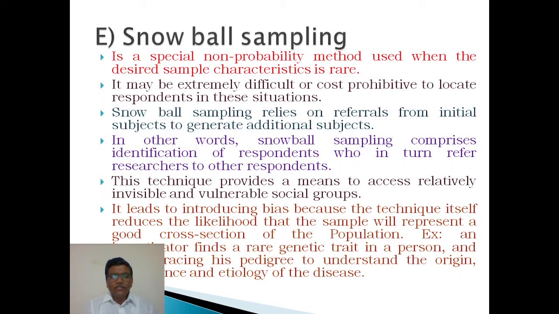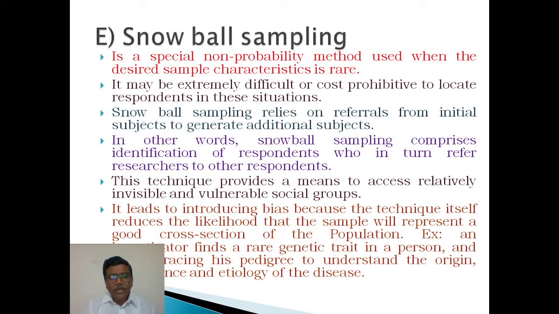In other words, snowball sampling comprises identification of respondents who in turn refer researchers to other respondents. This technique provides a means to access relatively invisible and vulnerable social groups.